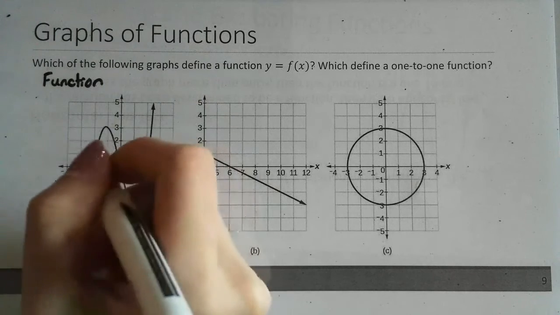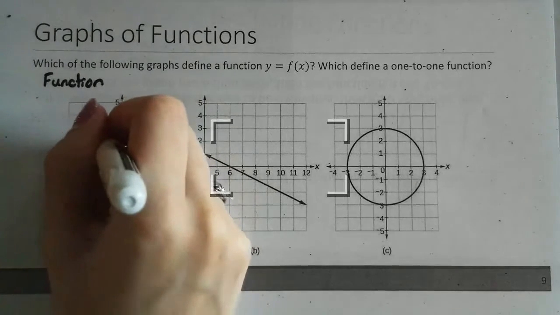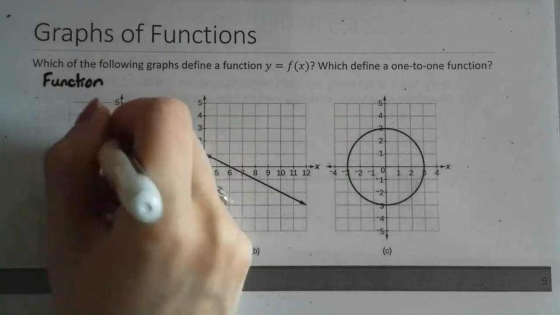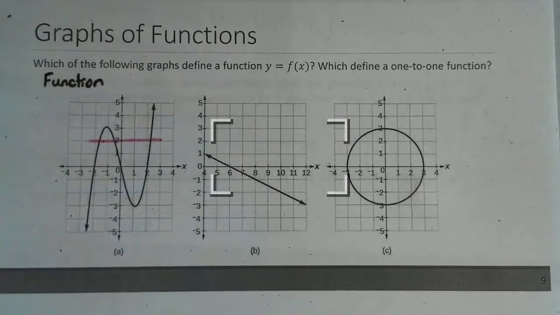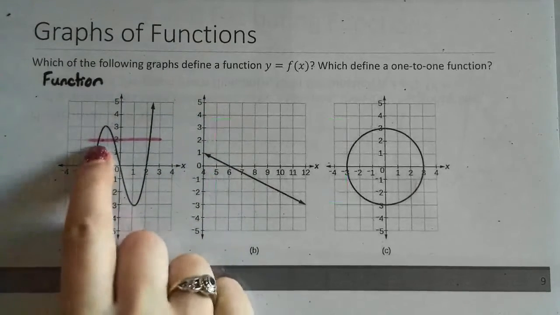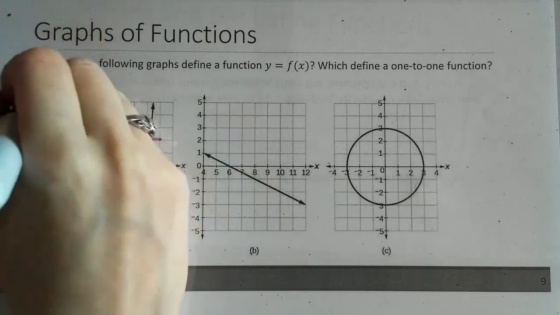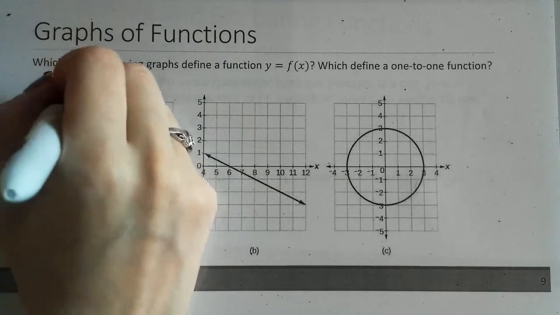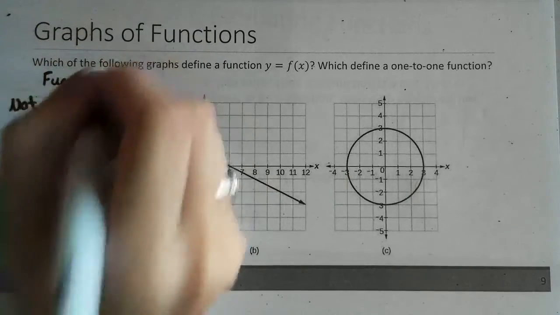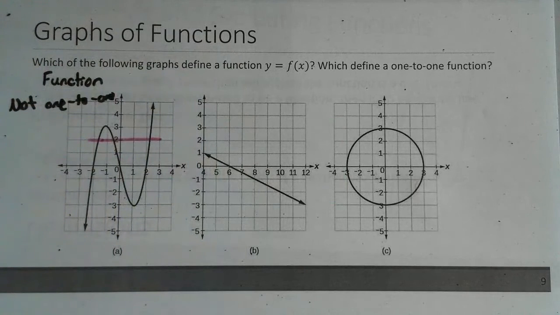Let's take a look right here at y equals 2. Since y is an output, I see 3 different x values, or 3 inputs, that give me 2 as an output. That means this is not one-to-one, because we have an output with multiple inputs.